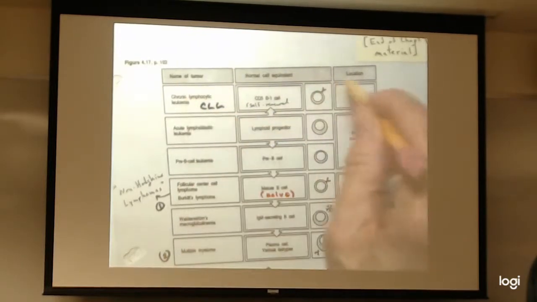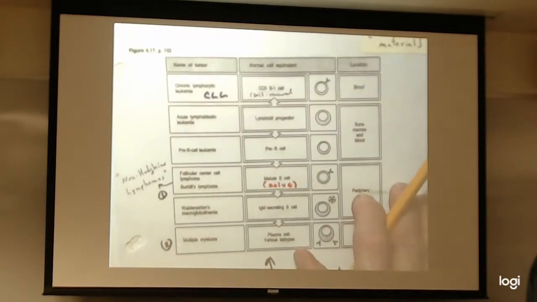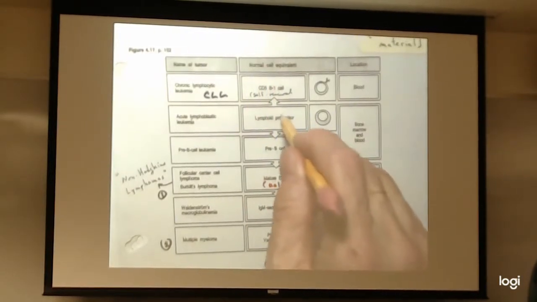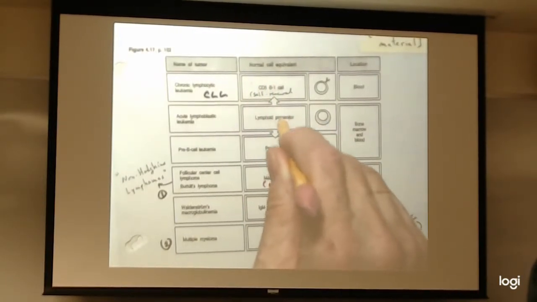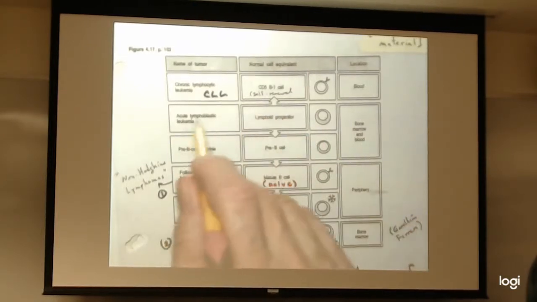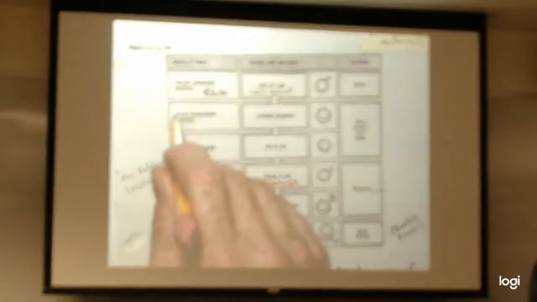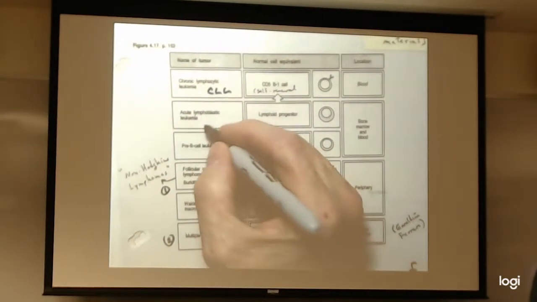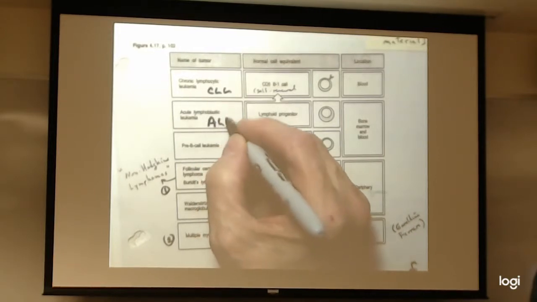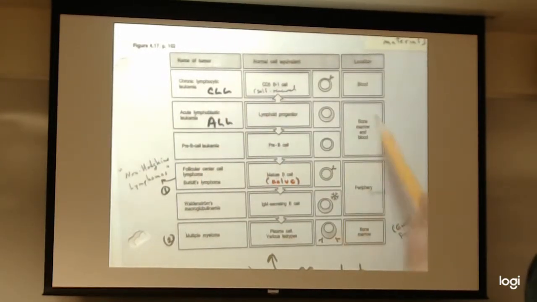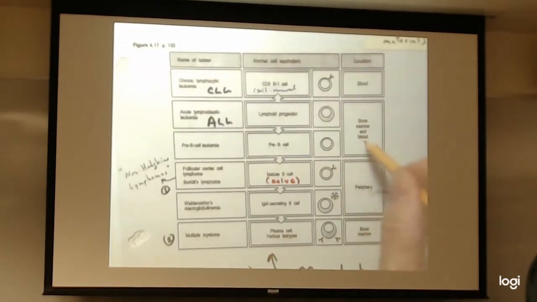That's a leukemia. Okay. The lymphoid progenitor cell here, which is essentially a stem cell, if that becomes cancerous, that gives a kind of leukemia called acute lymphocytic leukemia, otherwise known as ALL. Okay. And these cancers proliferate in the bone marrow and in the blood.